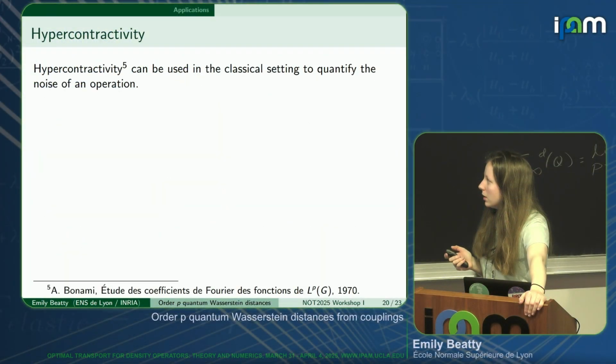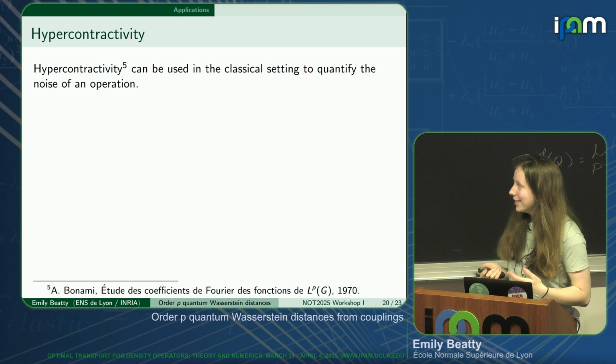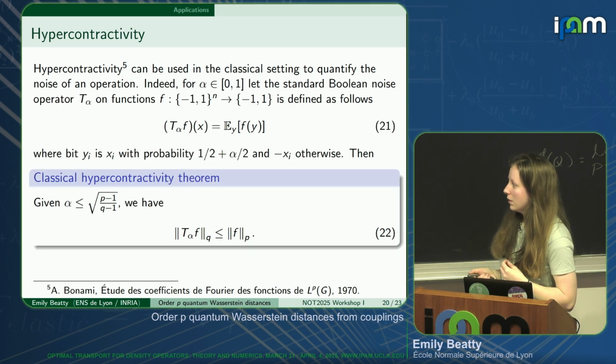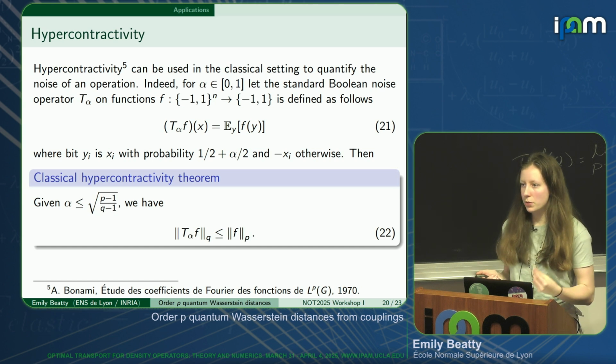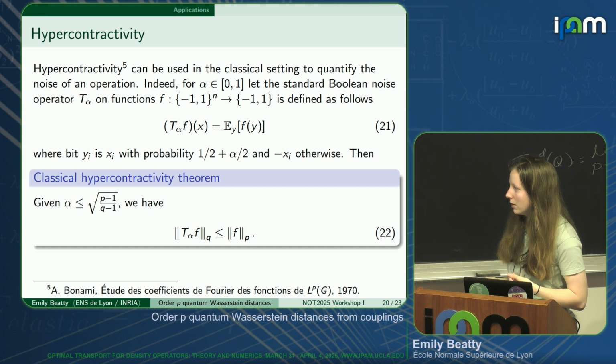And the other thing we can talk about is hypercontractivity. In the classical setting, hypercontractivity allows you to talk about the noise of an operation by comparing Schatten norms of different orders. Generally, this TA is a noise operator, this F is a function.